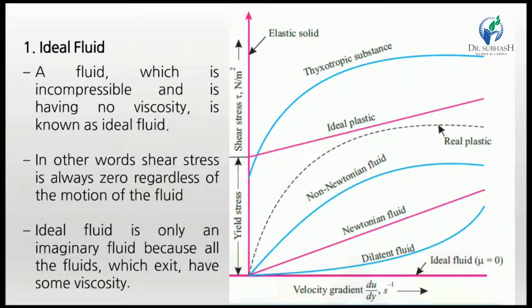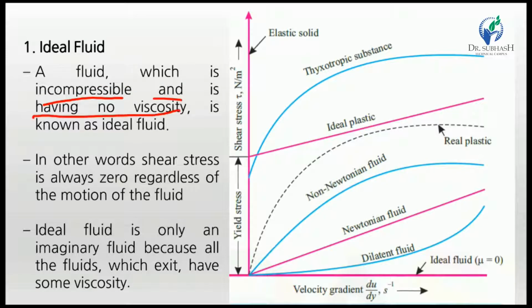First one is the ideal fluid. A fluid which is incompressible and has no viscosity is known as an ideal fluid. So in short, the fluid has a shear stress of 0, so it does not have viscosity.